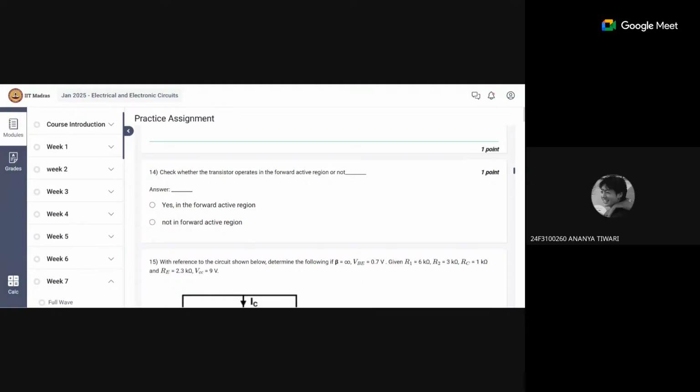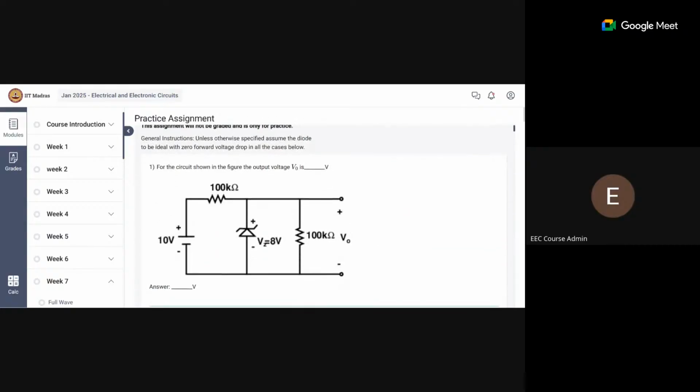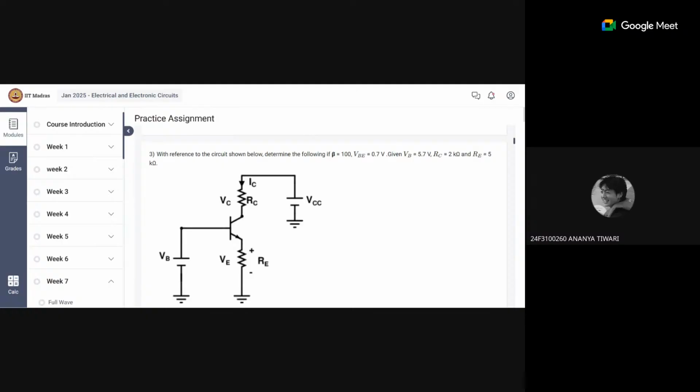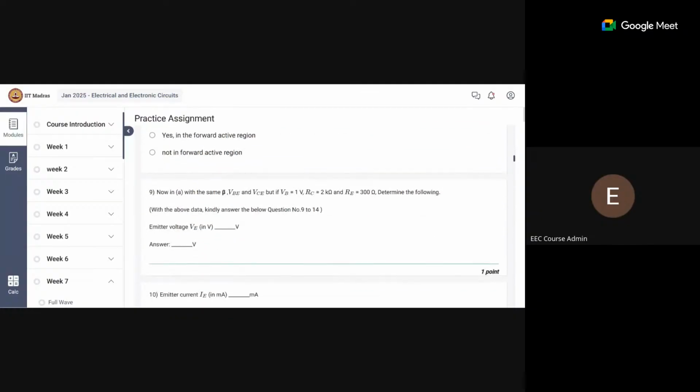By the way, in that practice assignment video, ma'am took 10 in the first question and 12 in the second question. With respect to the question in which the circuit is given, VCC ma'am took as 10 volt, and in the second, 12. In the first question, till the eighth question, and second means the ninth, correct? Yes, ma'am. This is for the understanding that by properly choosing the VCC value, R1, R2, RC, RE, we are setting the operating point, right?